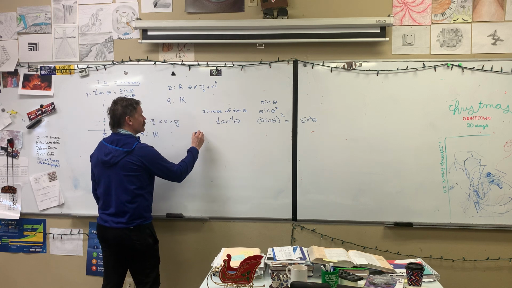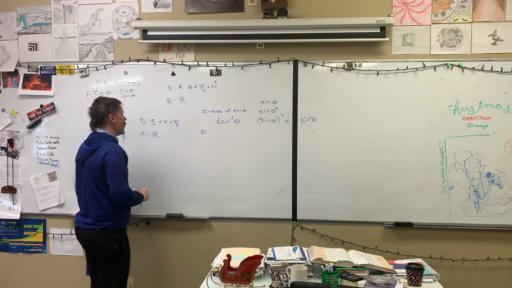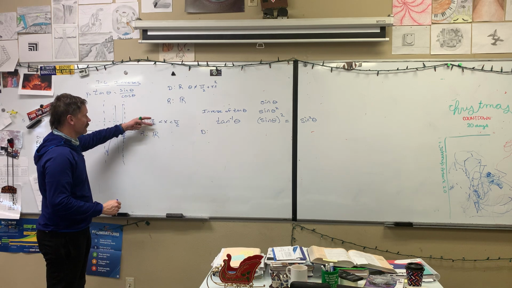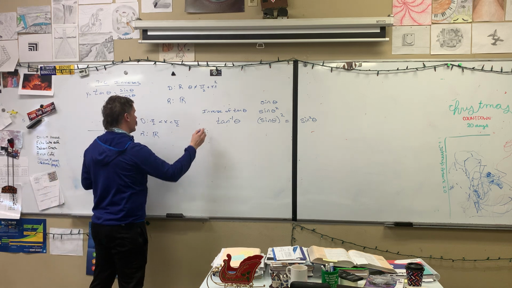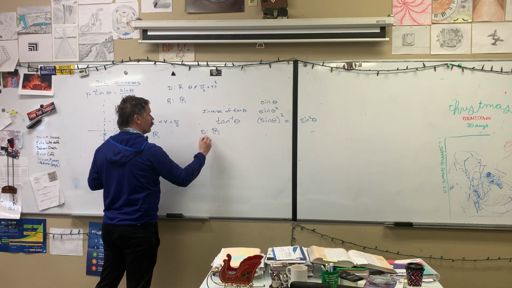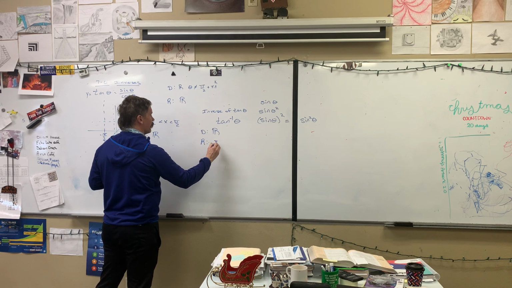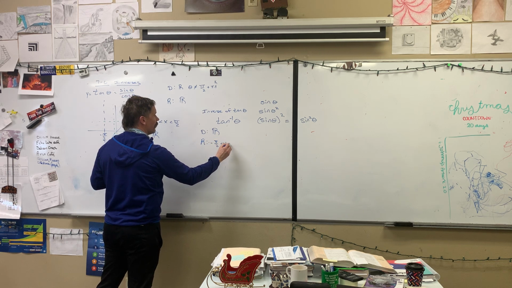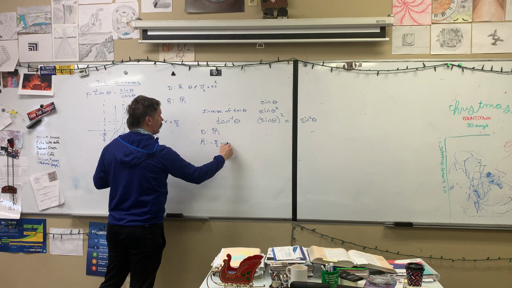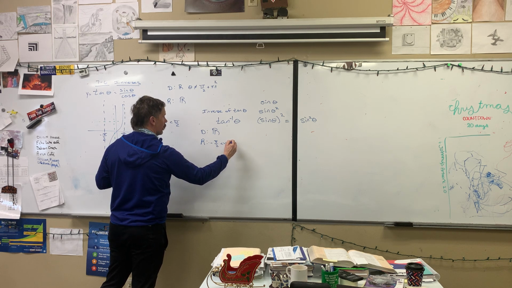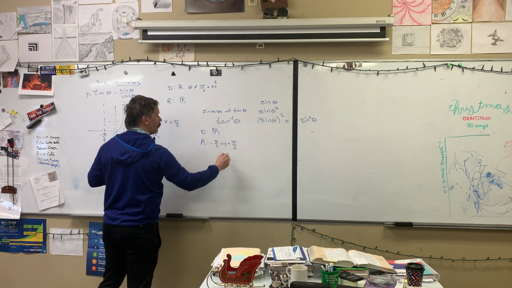If it just switches your x and y, then the domain of the inverse becomes all reals, and the range becomes, and this is your y values now, negative pi over 2 up to pi over 2.